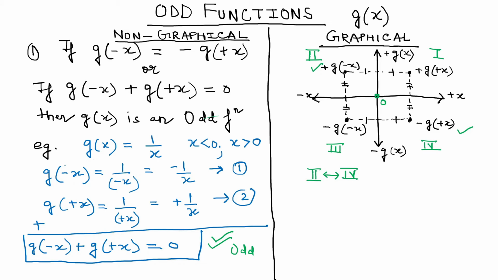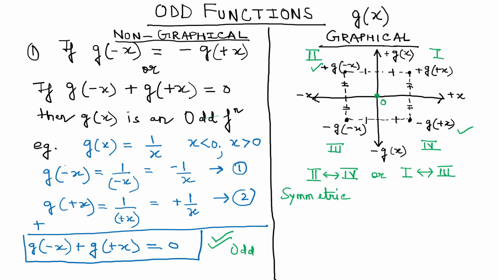So if the graph of a function in the second quadrant is also seen symmetric in the fourth quadrant, or whatever we have in the first quadrant is symmetric in the third quadrant, that means the function is an odd function, and we call this symmetry about origin.